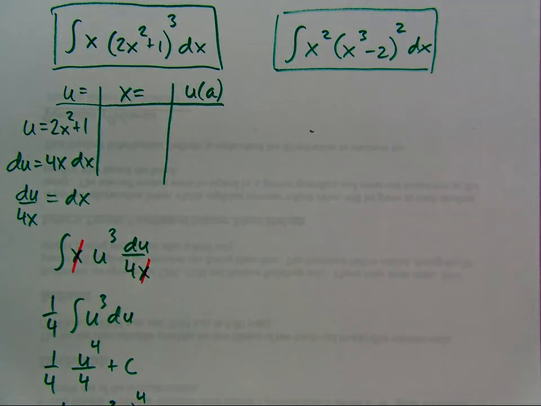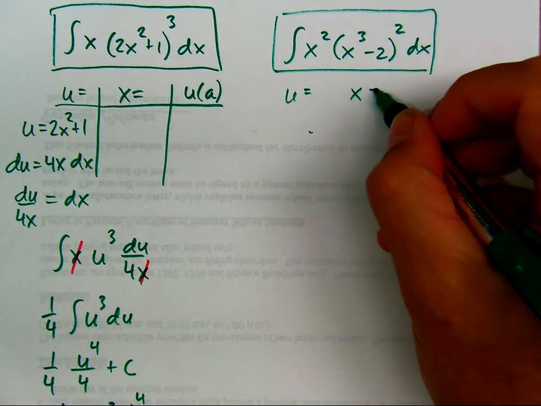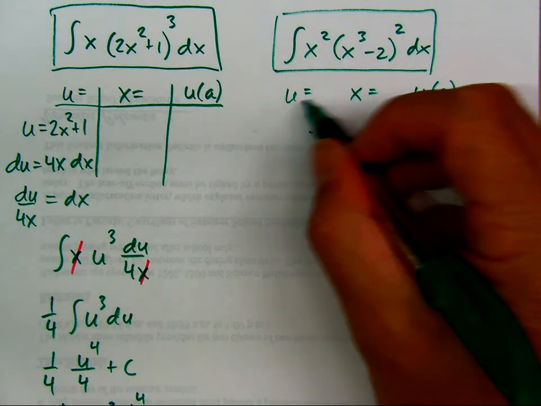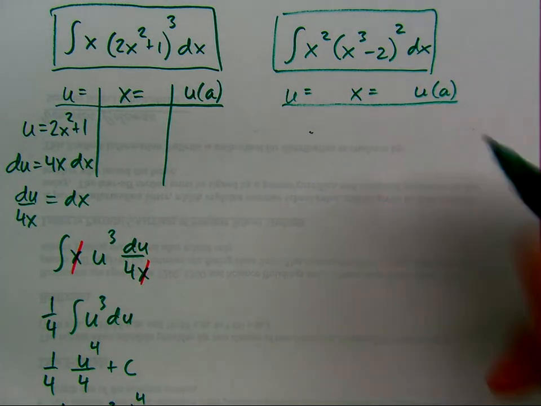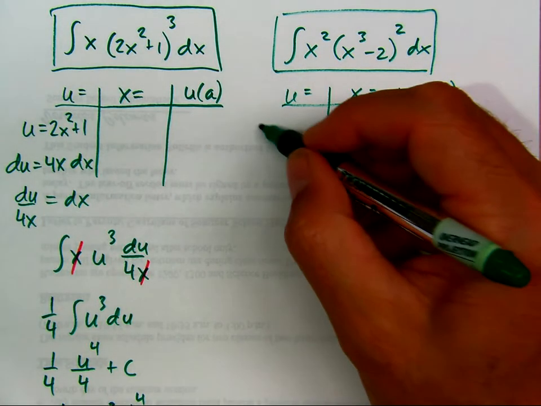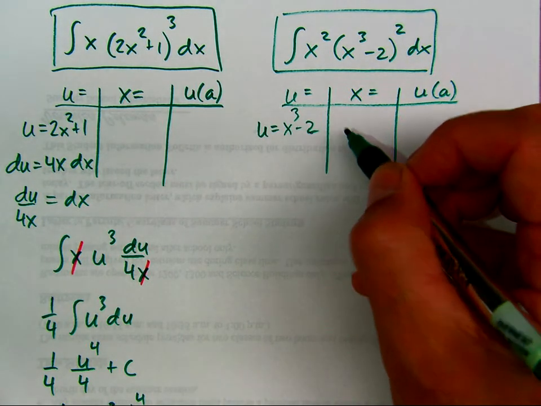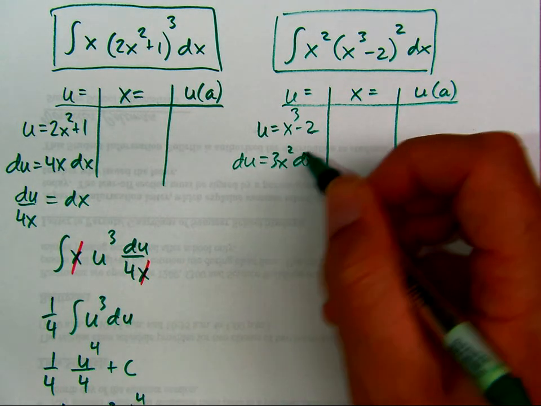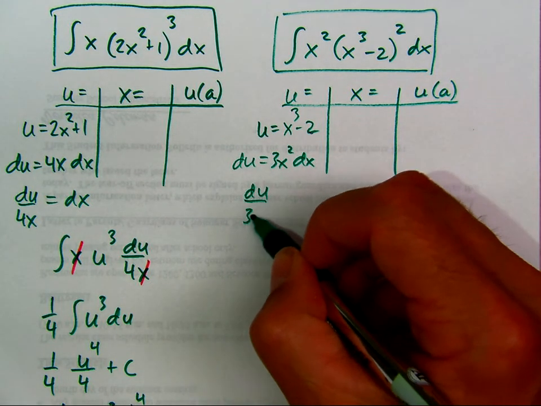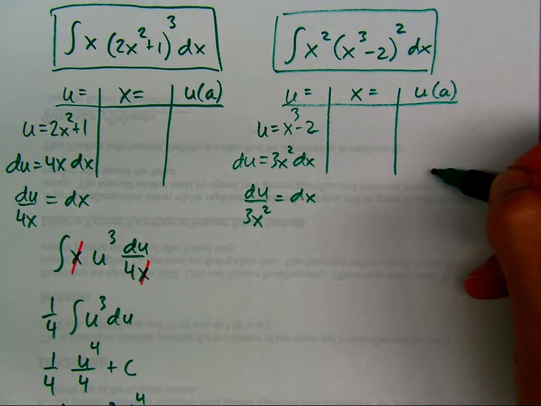Alright, pause the video and try that one. So u is the inside, and du is 3x squared dx. Divide by 3x squared. We don't need this column.